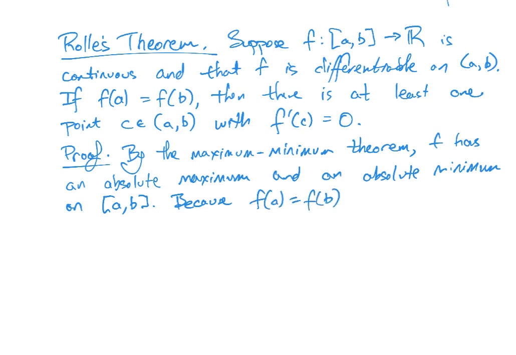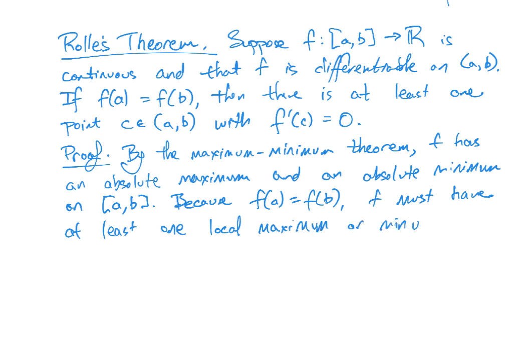Because f is the same at a and b, my claim is f must have at least one local or relative maximum or minimum at a point inside the interval.